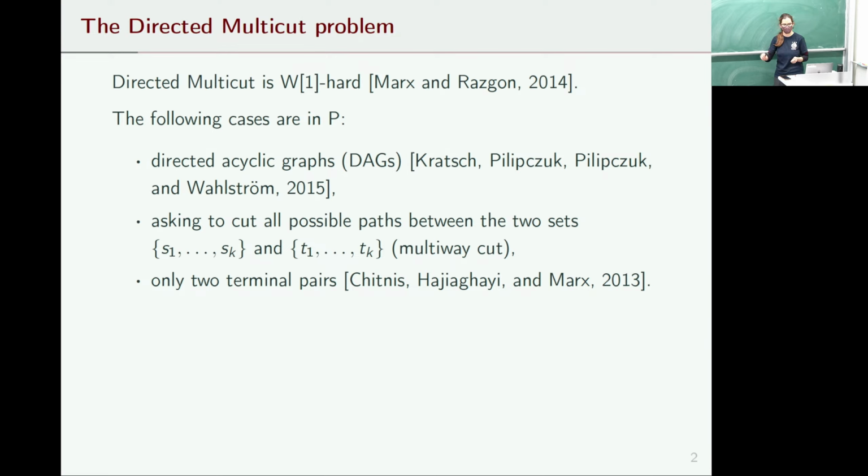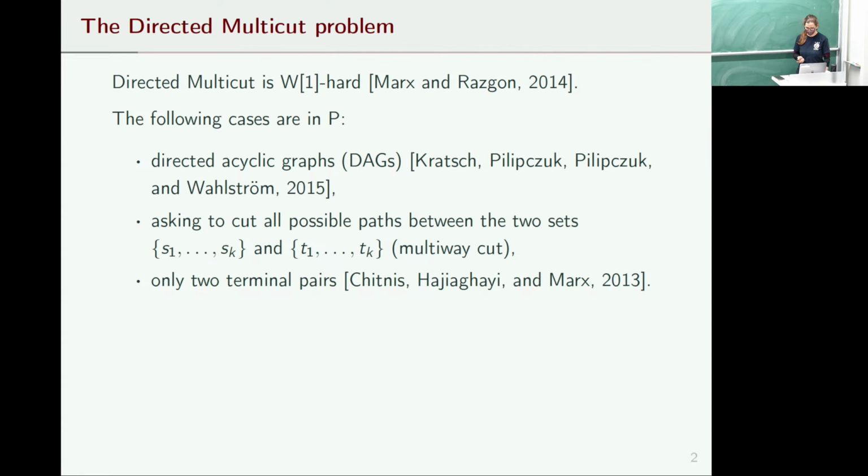If we don't have directed cycles, then we can do it in P. Also, if we do not care about this correspondence between start vertices and end vertices, then we can also do it in P. So if I want to find a set that just cuts all the paths between some vertex in S and some vertex in T, then it's not that hard. And also we can do it if it's only 2 terminal pairs.